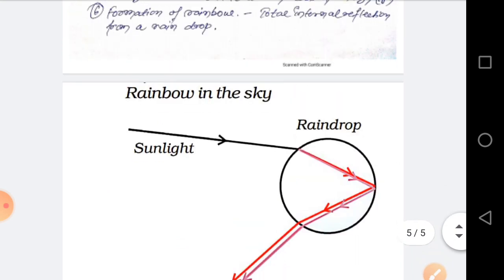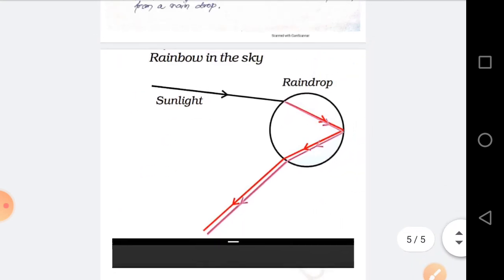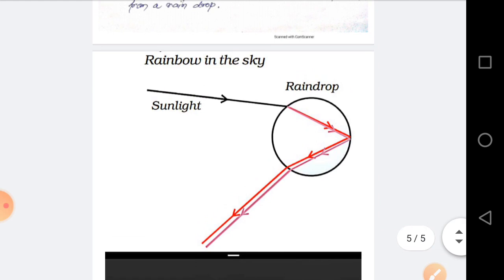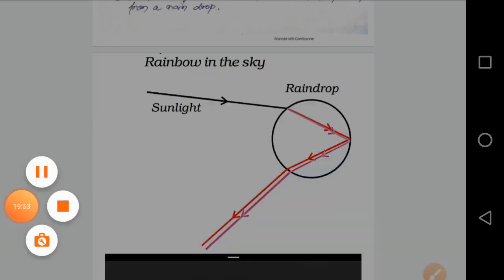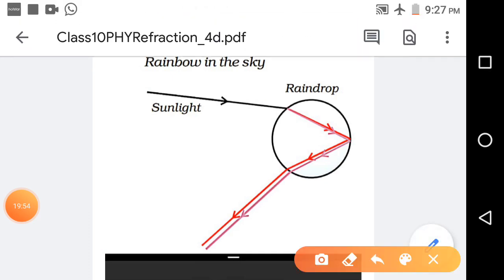First of all we have this figure, it is a rainbow. How is the rainbow formed? See here, the light ray is incidenting like this. It is a raindrop, you can see. And first of all, there is a refraction. That means the light ray incidenting on this surface is entering the water medium, from air to water.